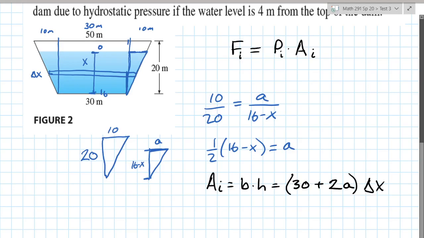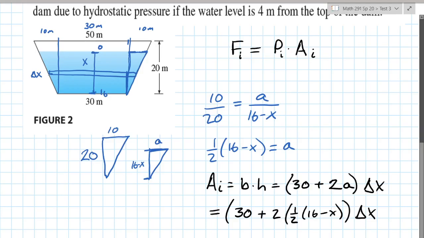Substituting back in, we have 30 plus 2 times 1/2 times 16 minus x times delta x.